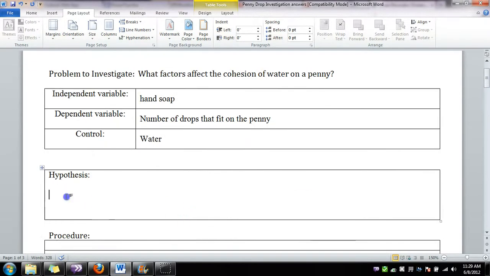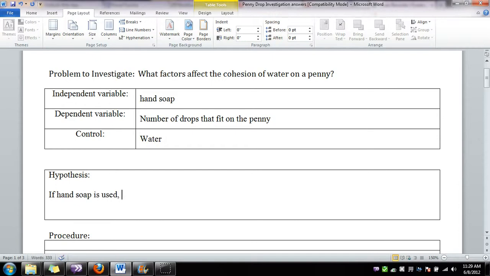Let's go back to the hypothesis. We know that a hypothesis uses an if-then-because statement. And if you remember from our last assignment, the if goes with the independent variable. This is why we picked out our independent variables first. So we can put, if hand soap is used.